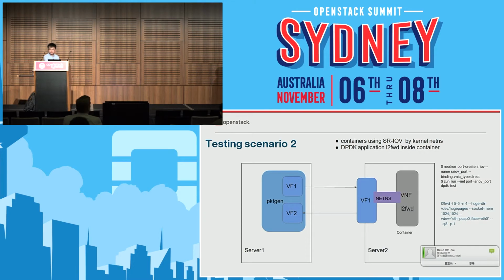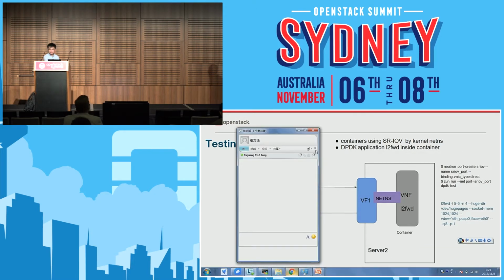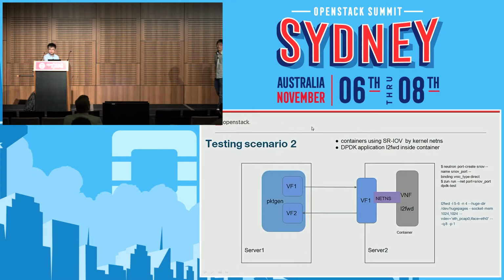In this way, the SR-IOV port is still in the kernel namespace. So when we're running the DPDK application in containers to use this SR-IOV port, it is actually a kernel space interface.